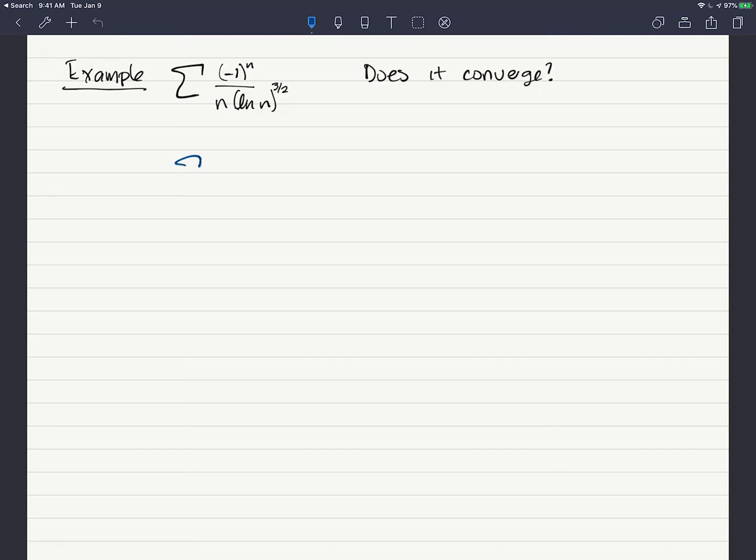If you put these terms in absolute values, I forgot this part. If you put the absolute values around it, it becomes this one.